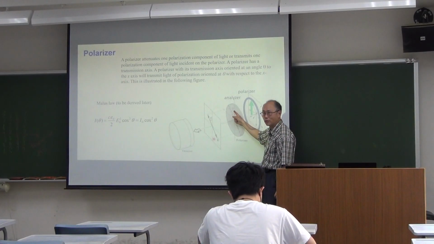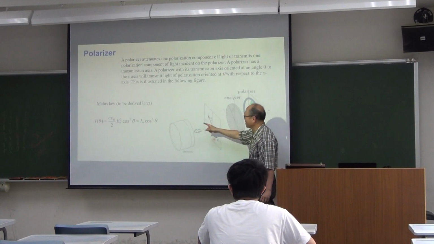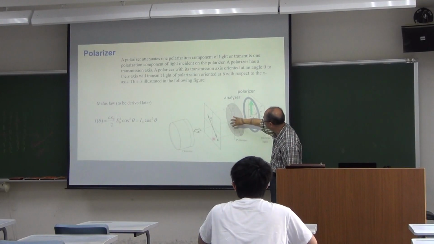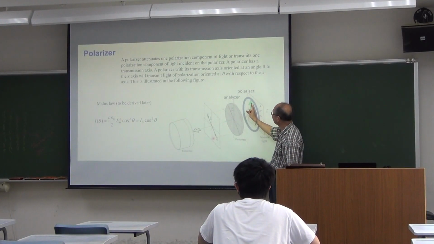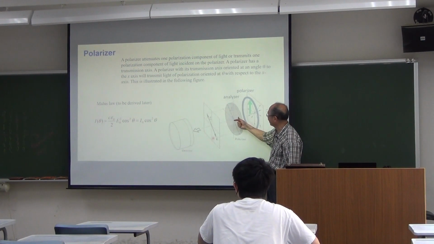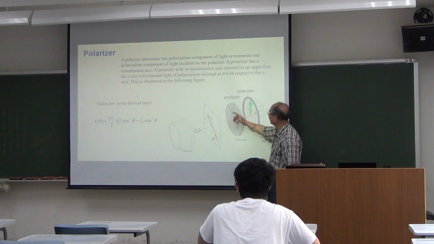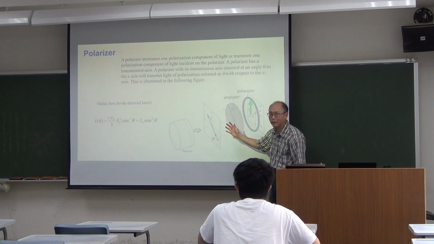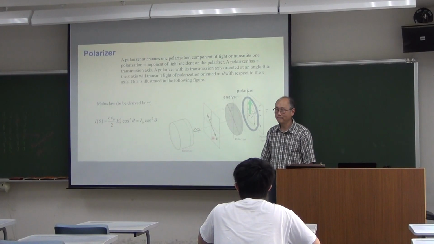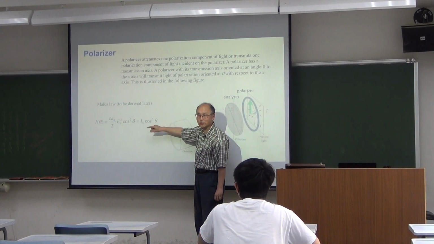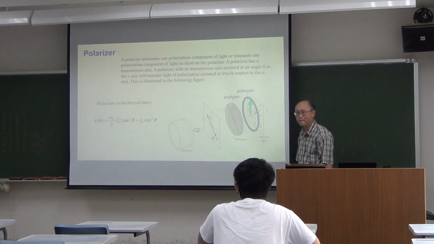But when you rotate this by 90 degrees, the transmission axis is along this direction, but you polarize your light along this direction. This means that you will be blocking the light. So when you set this to 90 degrees, you get 0 intensity at the output.